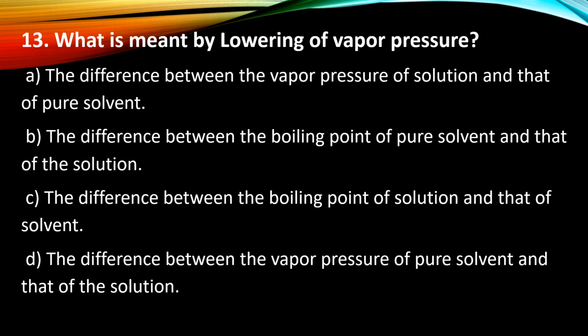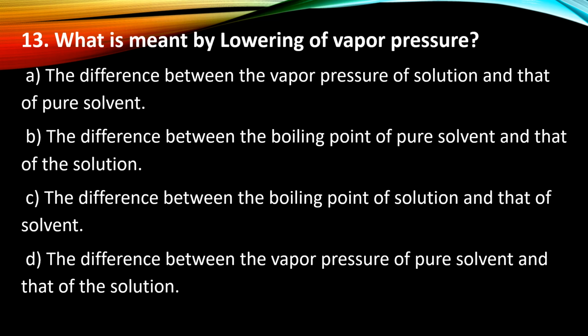Question number 13. What is meant by lowering of vapor pressure? Without options, you should be able to write down the answer, students. Reading out the options for you. A. Difference between vapor pressure of solution and that of pure solvent.